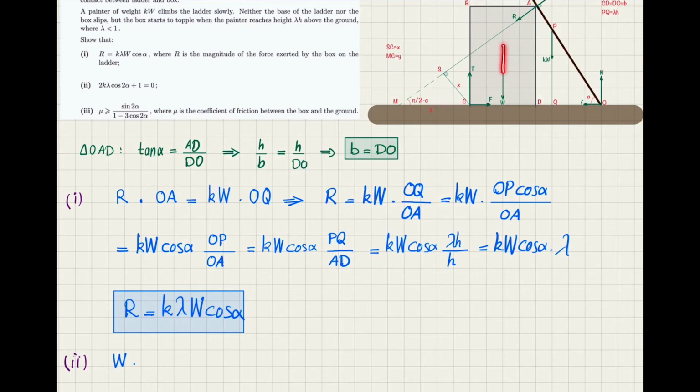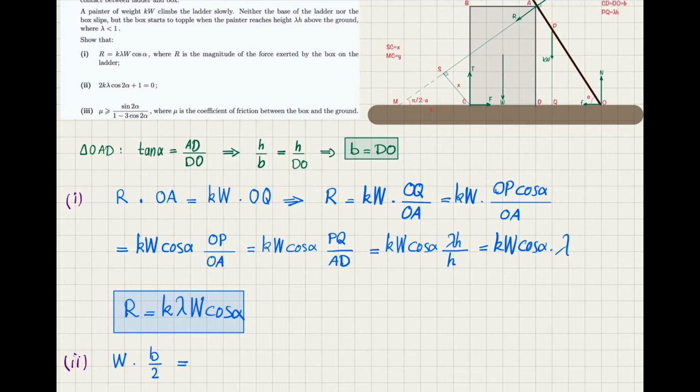So you see, this line is the line on which W lies, and if I want to calculate the perpendicular distance, it would be from here to here, which is half of the width of this box. The width of the box was B, so this becomes B over 2. Okay, so the torque of this force is W times B over 2.